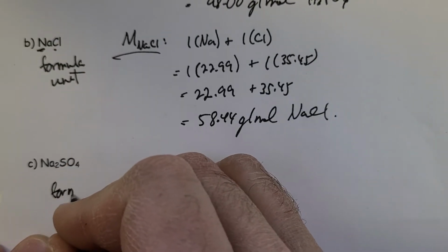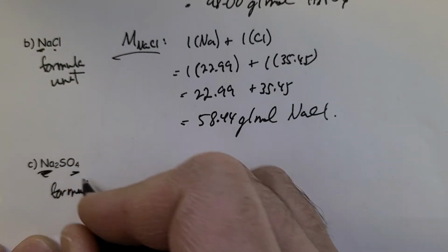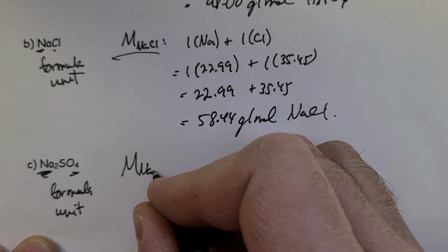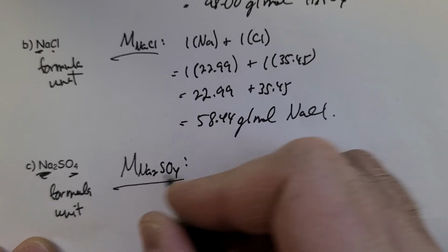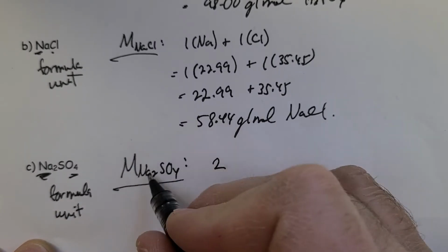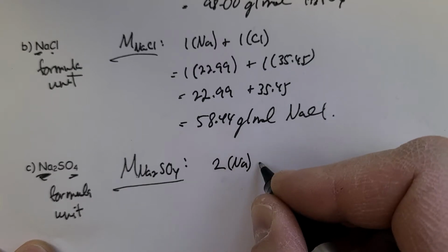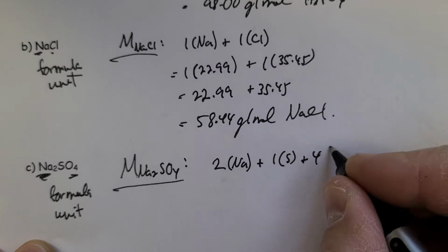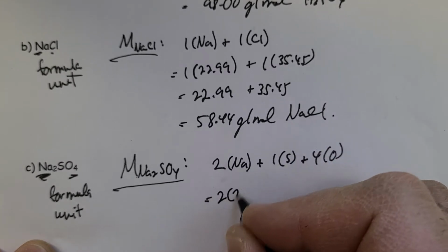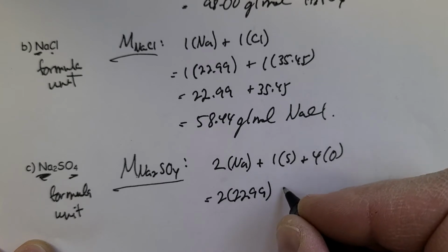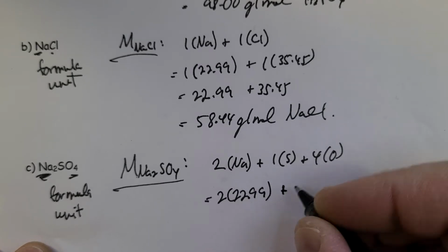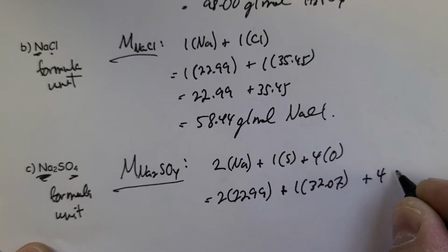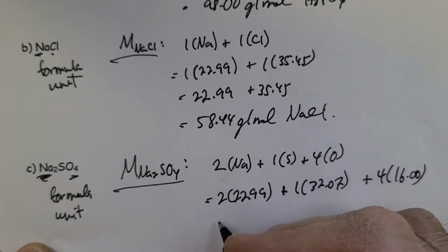Here is also another formula unit because I have metals and nonmetals. If I was figuring out the molar mass of sodium sulfate, of course, I know for every 1 mole of this, there are 2 moles of sodium, 1 mole of sulfur, and 4 moles of oxygen. So 2 times 22.99, 1 times 32.07, and 4 times 16.